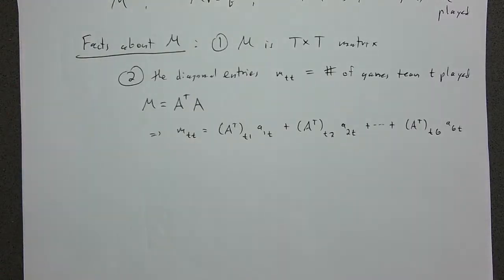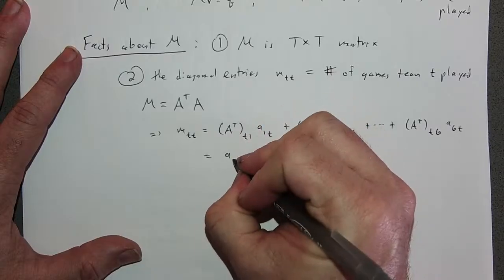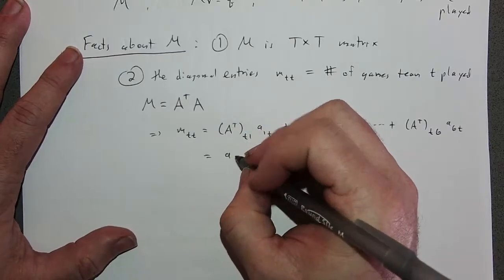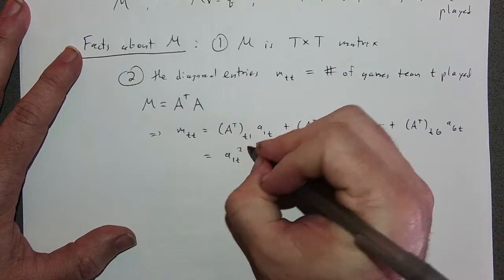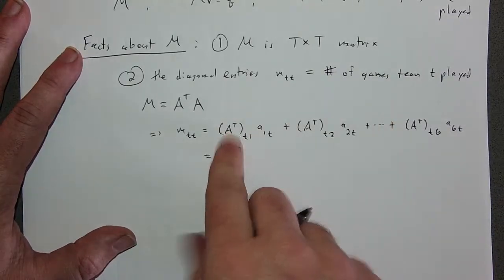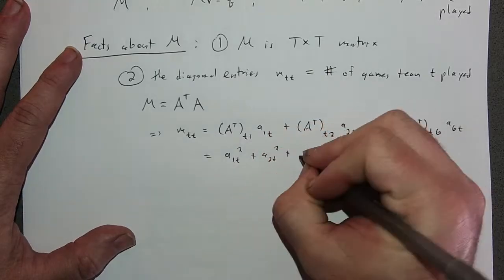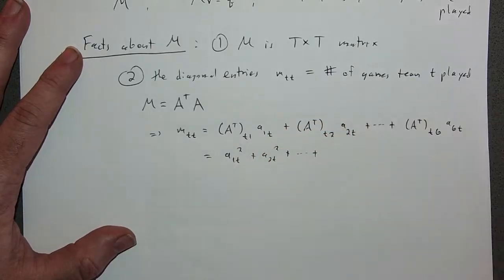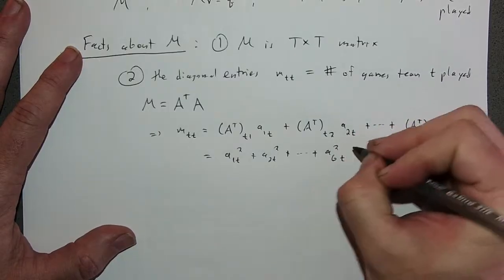Which would be A1t squared, since this is A transpose here, plus A2t squared, and so on, plus Agt squared.